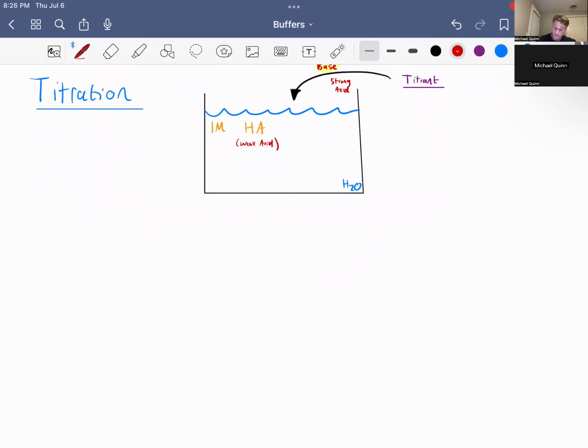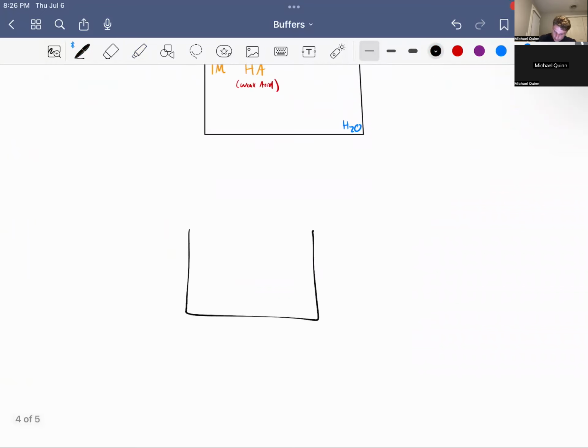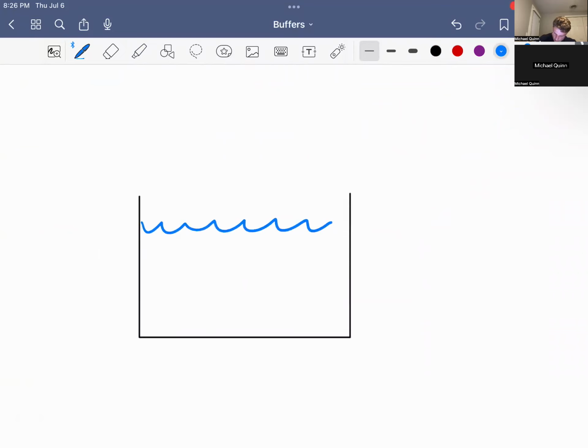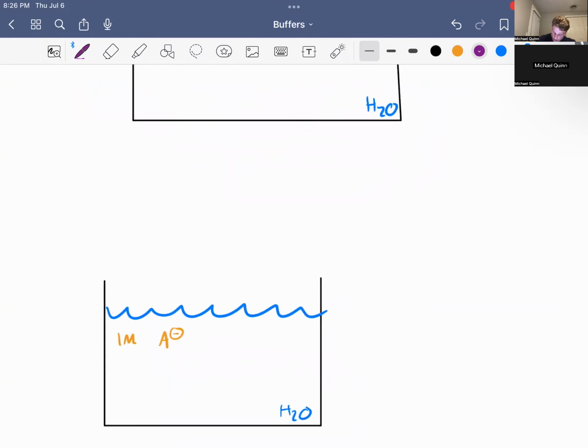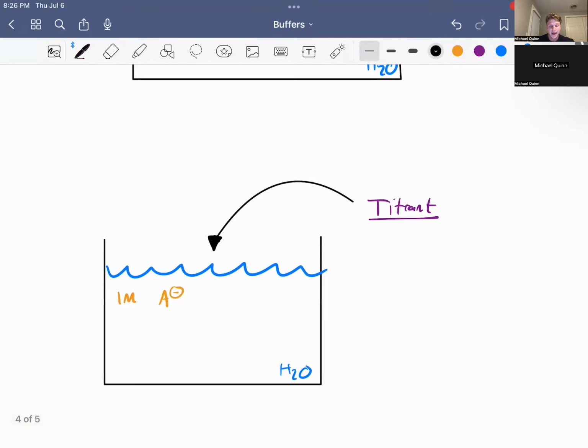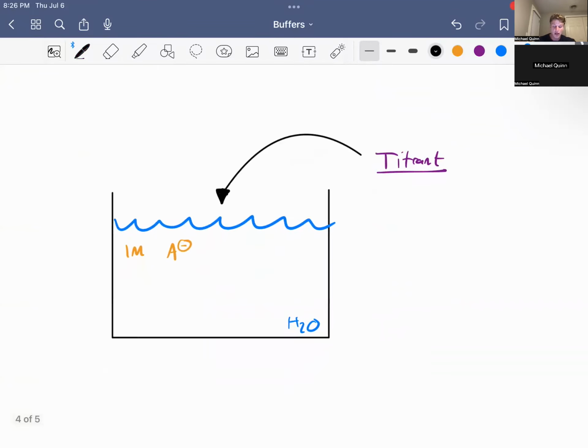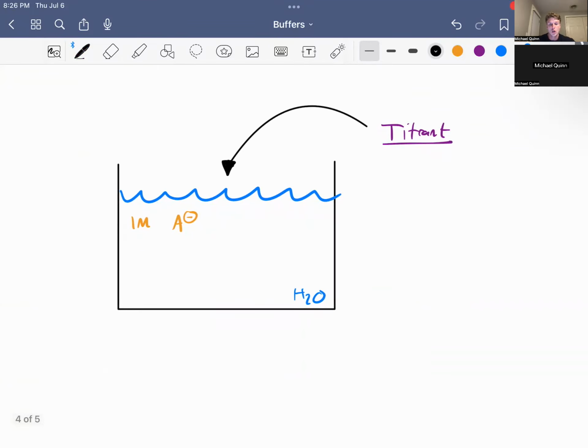Now, if we had a beaker filled with water, and we had 1 molar of A minus, which is a base, we should add a titrant to this beaker that can give A minus a hydrogen so that we can make HA, which will be its conjugate acid.